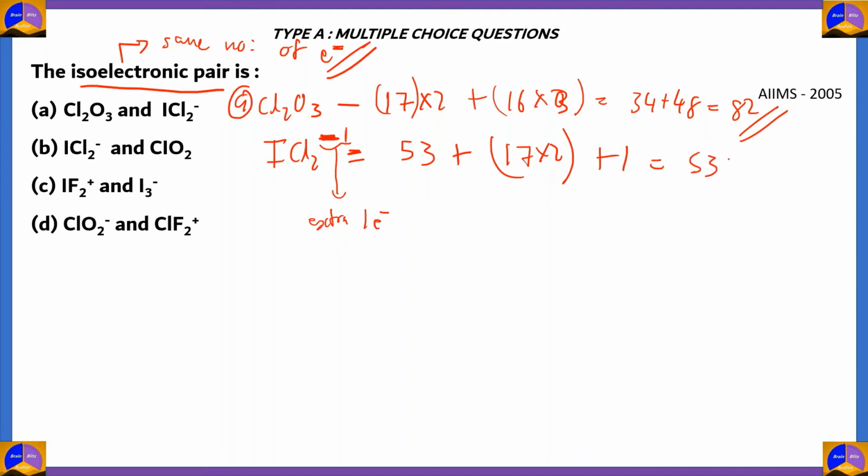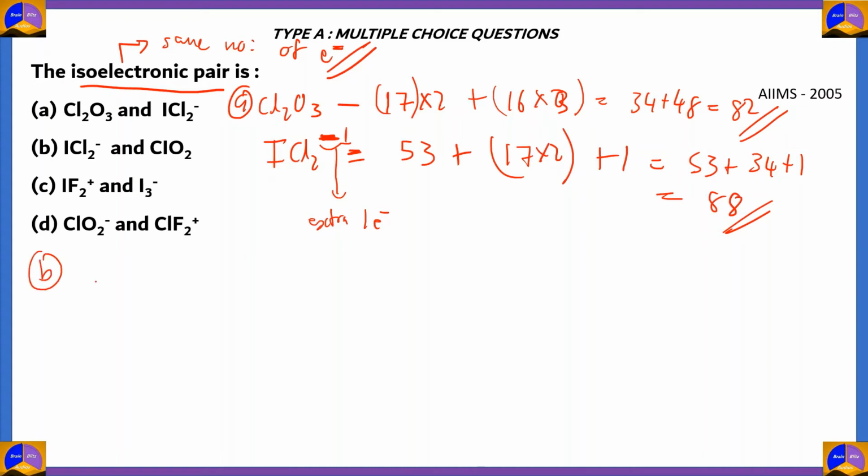That is 53 plus 34 plus 1, equal to 88. The first compound has 82 electrons and the second has 88 electrons, so these two are not isoelectronic.